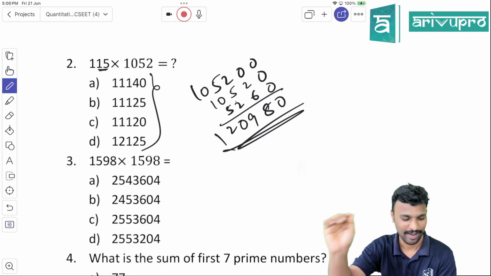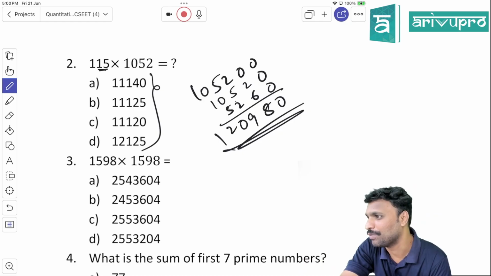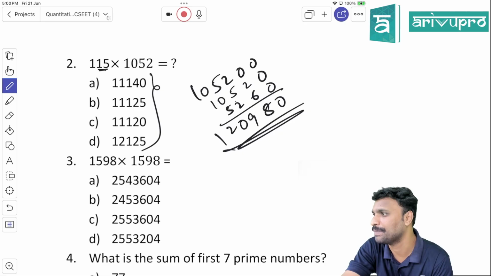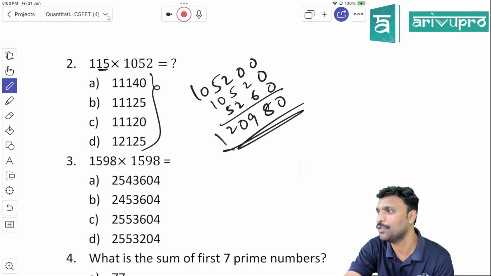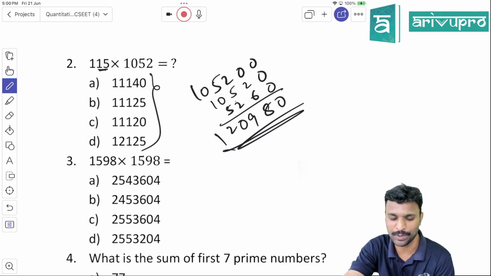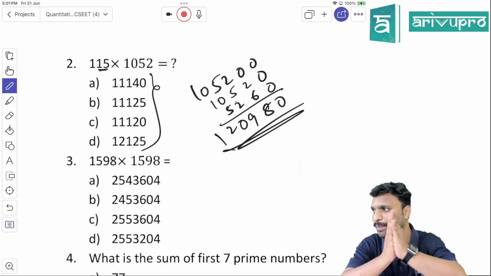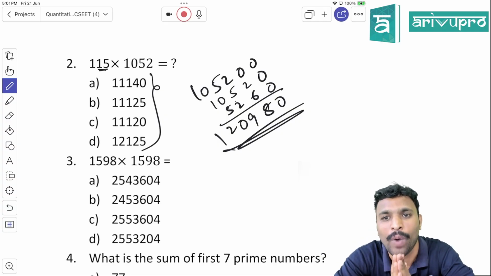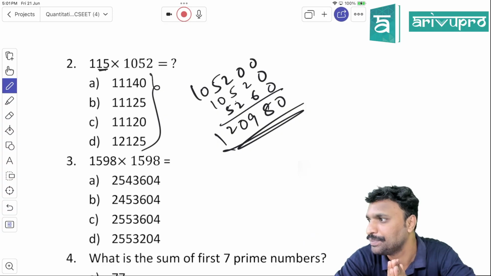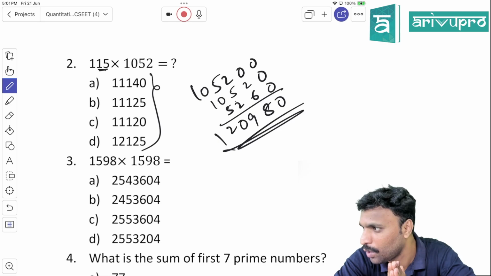You know, 100 into 1052 is 1052 followed by 2 zeros. So that means the number is 1,05,200. Understood? Now 1052 into 10 is 10,520.